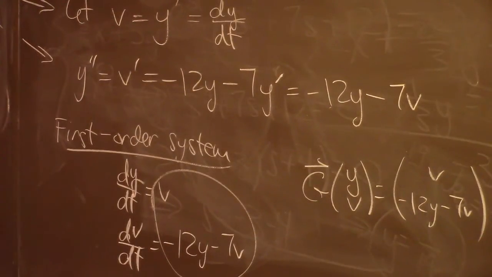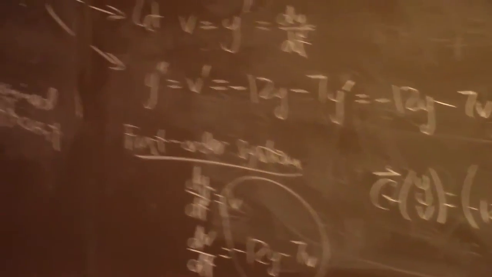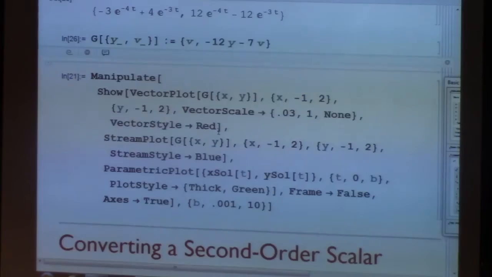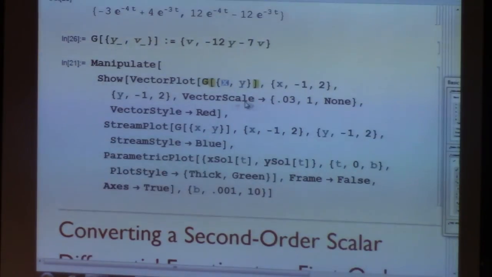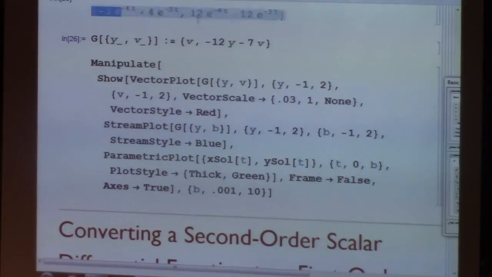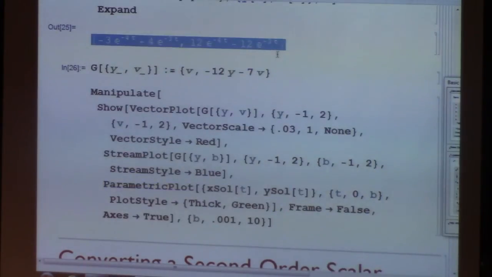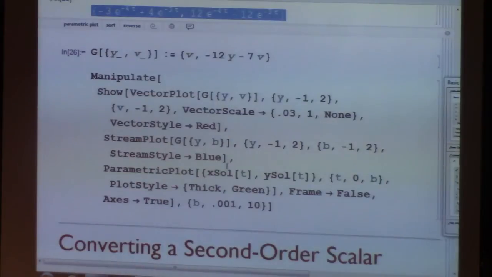That's what I have to plug in for G. Change the x and y to a y and v, mostly to avoid confusion here of what this is all representing. I've got formulas here. I don't need NDSolve. I don't need these things. Just copy and paste this into the parametric plot right here.